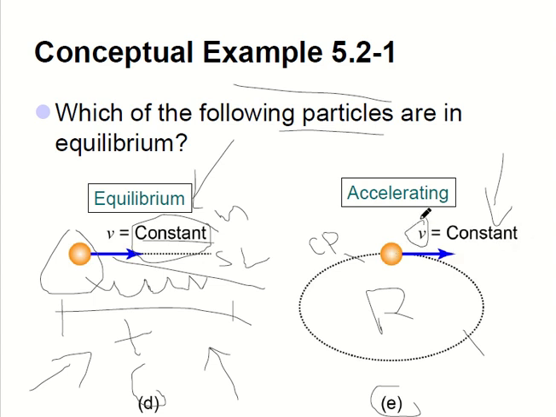Every time this thing takes a different position on this circular path, you have a velocity, but that velocity is going in a constant manner, meaning you do not have an abrupt or instantaneous change of the velocity, even though it is going around.